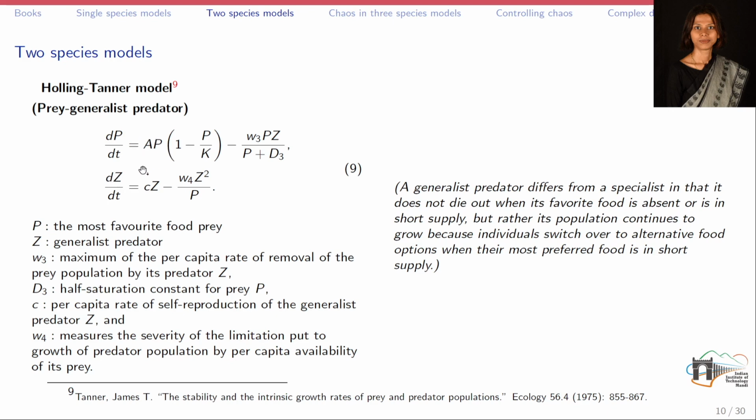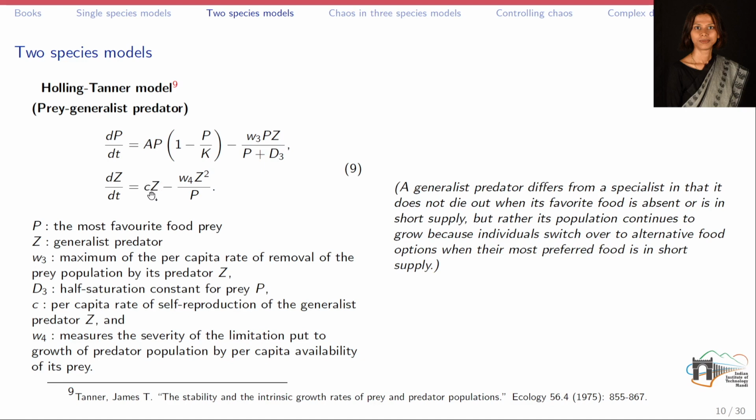Here P is the prey population, Z is the generalist predator population, and the growth of the prey population is of logistic type. The prey population dies out due to predation by the predator population Z, using the Holling type 2 functional response.